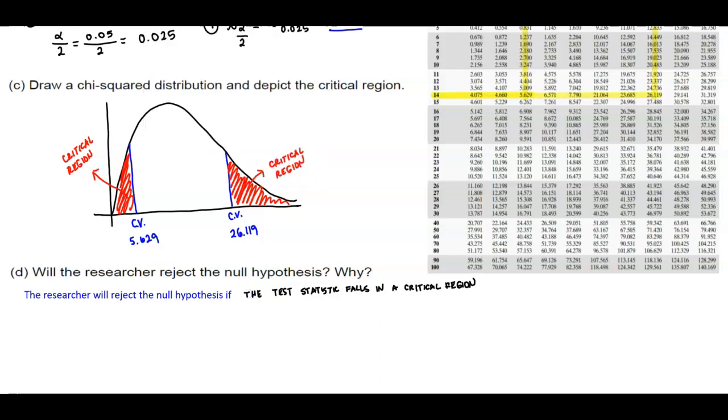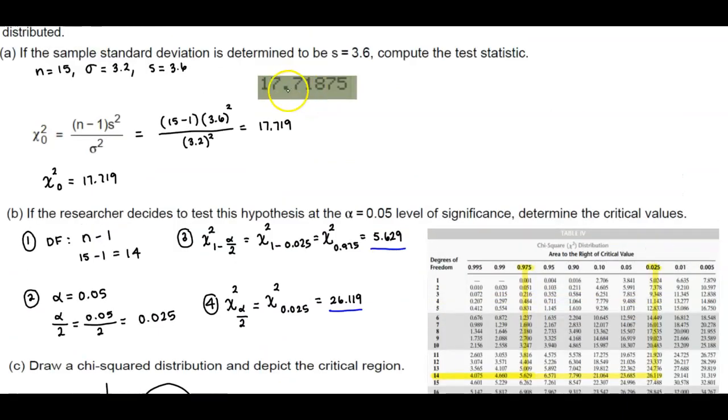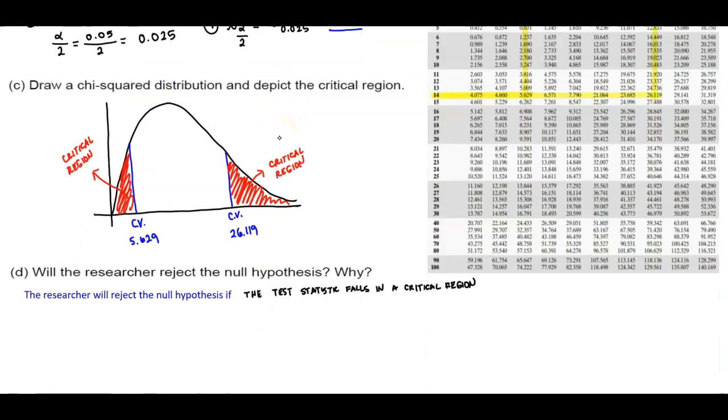Okay, so what is our test statistic? Well, our test statistic is 17.719. Well, somewhere around here is the test statistic at 17.719. So you can see here that it does not fall.